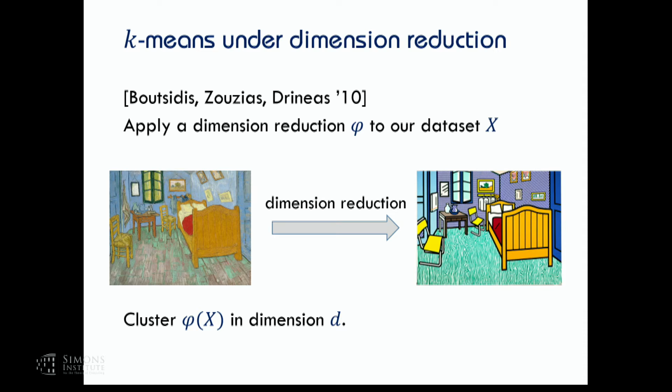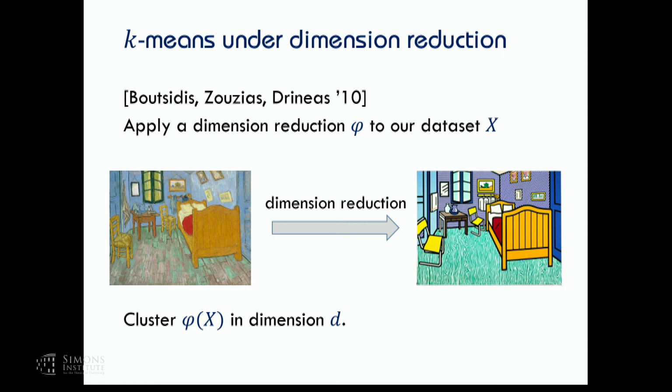We have a data set in a high-dimensional space, and it's natural to do the following. Instead of clustering this data set in a high-dimensional space, let's first project it into a small d-dimensional space, cluster it in the d-dimensional space, and get the desired clustering, which will correspond to a clustering in the high-dimensional space.